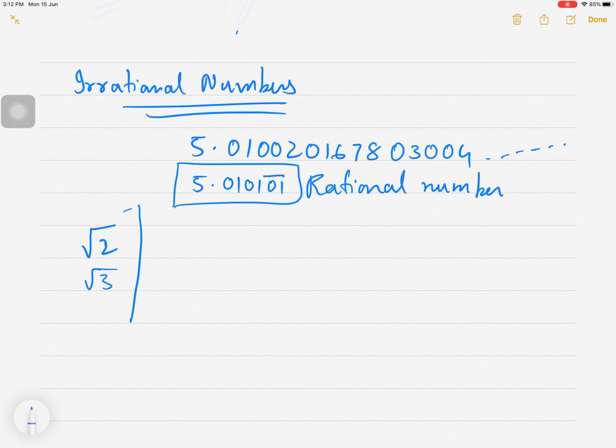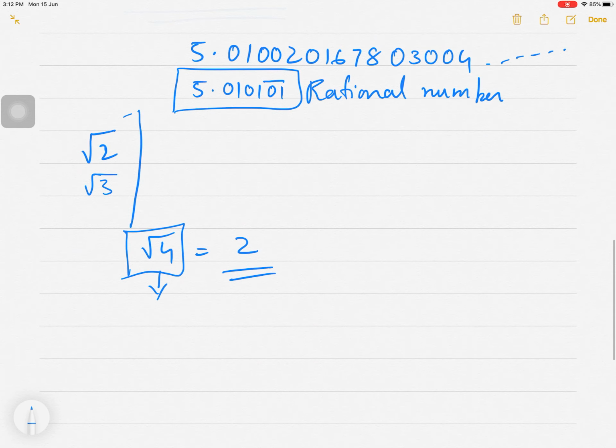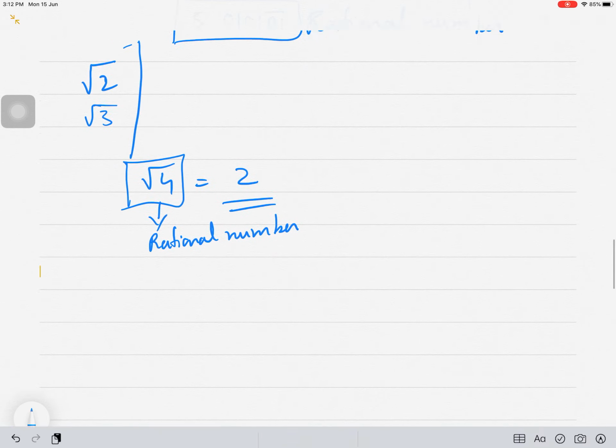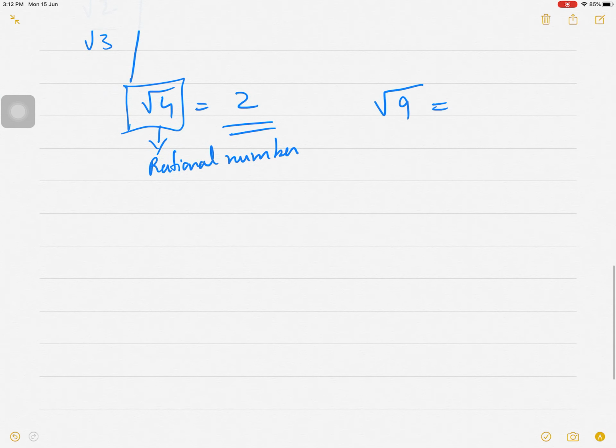But when I say root 4, what is root 4? 2, right? So root 4 is a rational number, because the answer is 2, and 2 is a rational number. So square roots of perfect squares are rational numbers. If I say root 9, it is 3, so root 9 is a rational number.